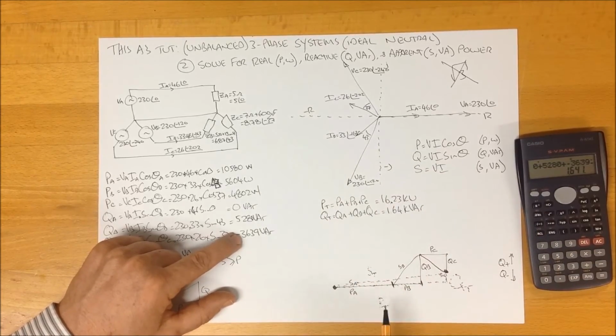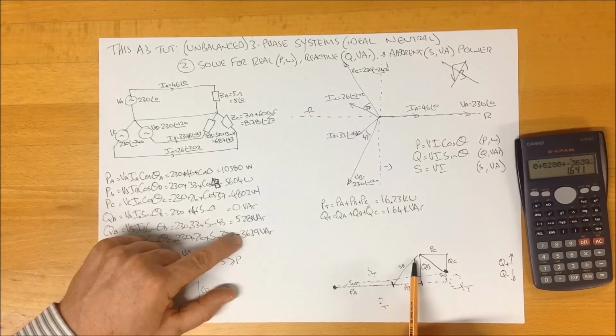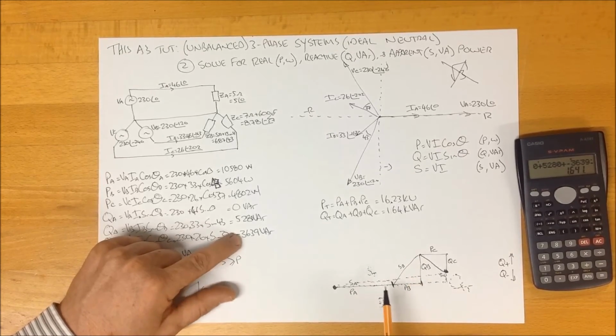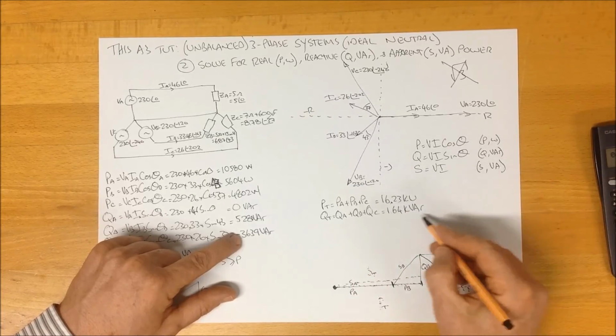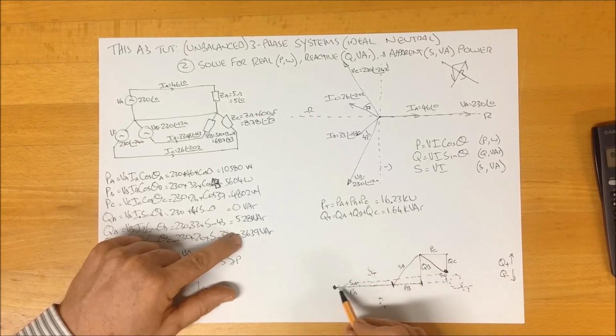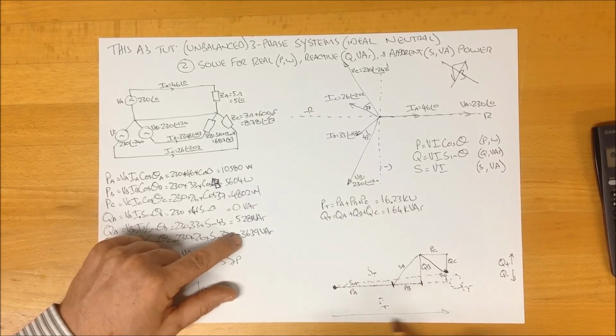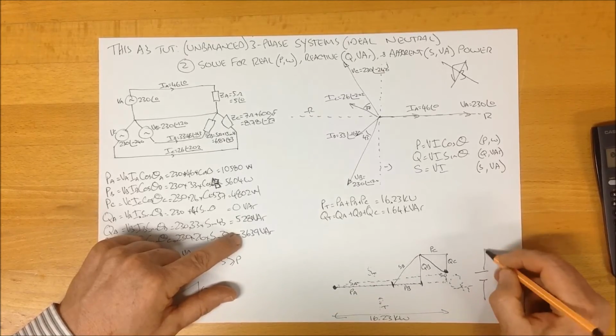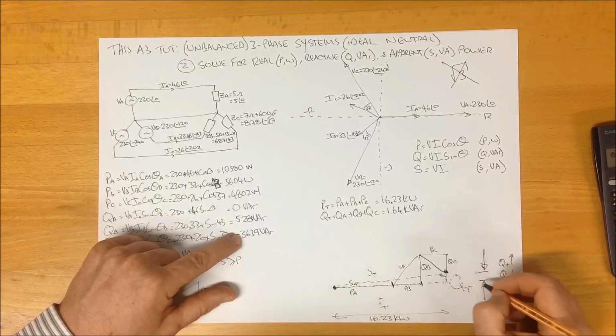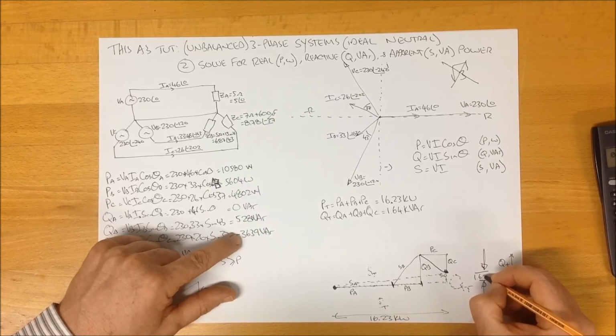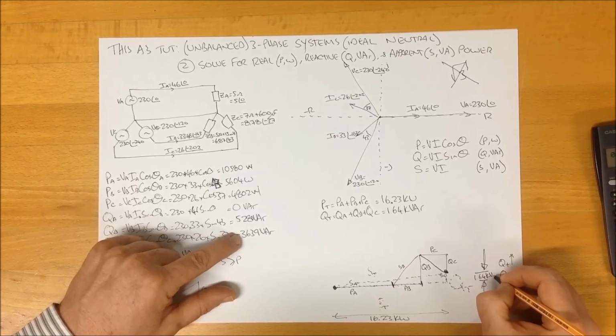Now, to find the total apparent power, we just can't add up that plus that plus that. It doesn't work that way. We've now got a power triangle in total using these values here. This value here is 16.23 kilowatts, and this value here is 1.64 kVAR.